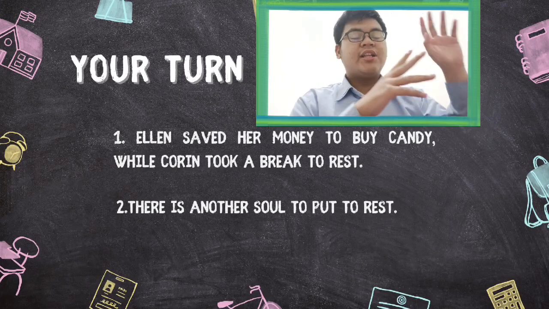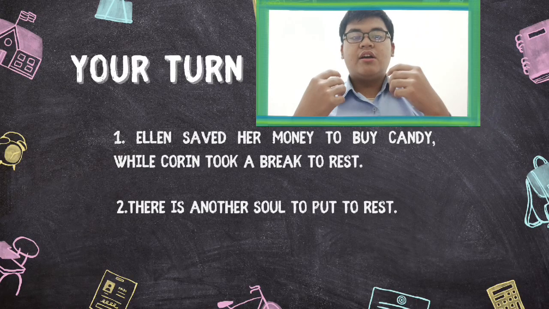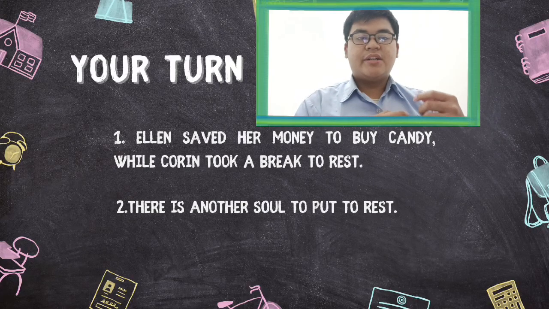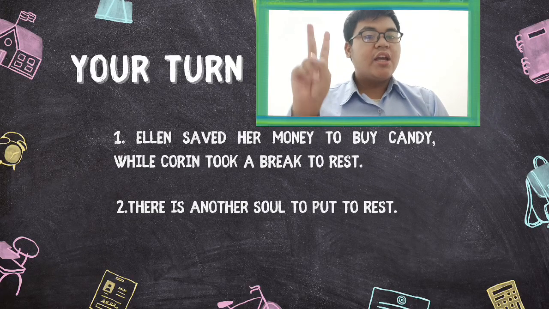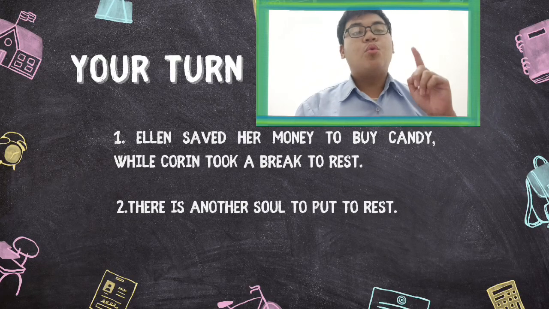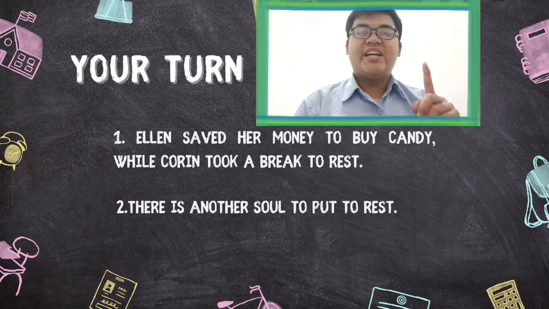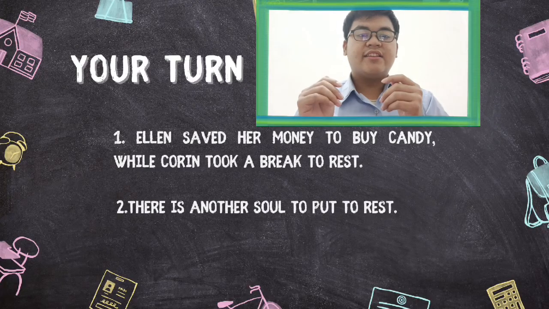Here's the thing. To analyze the first sentence, we need to break down every main subject and verb. So in this sentence we have two subjects, two verbs, two infinitives, as well as one connector or conjunction. The first subject is Ellen.